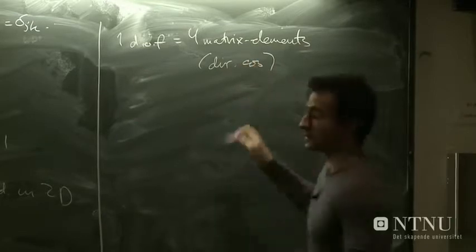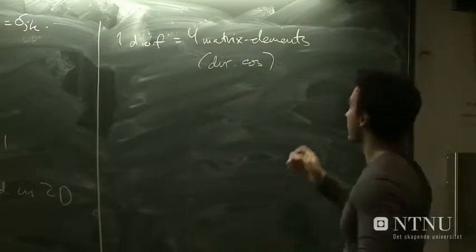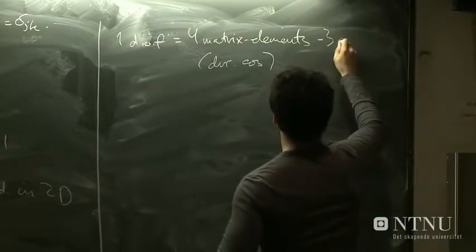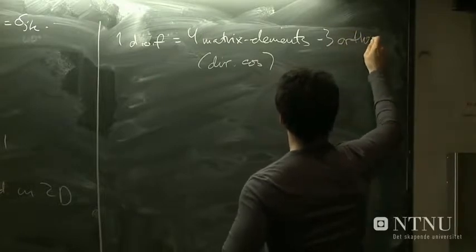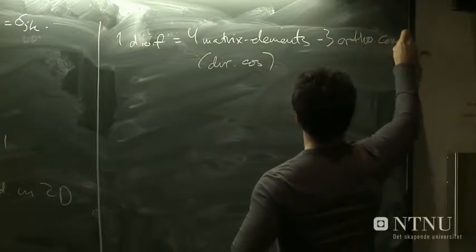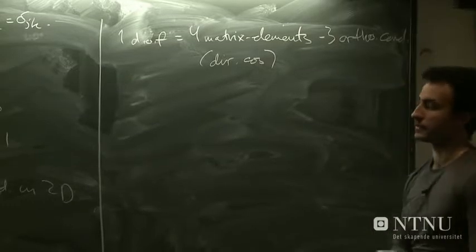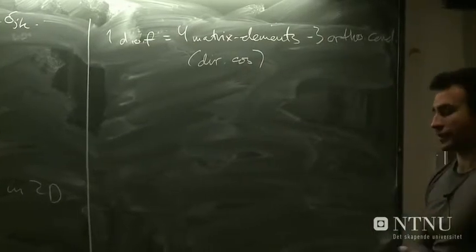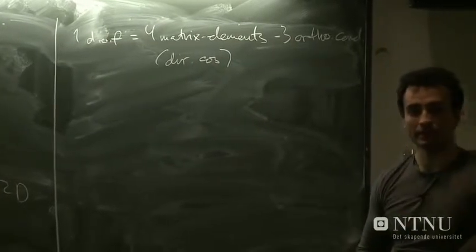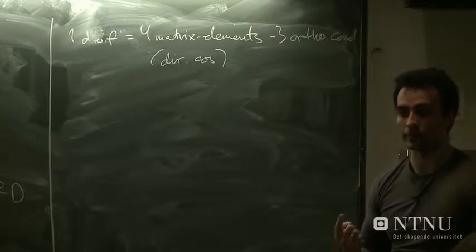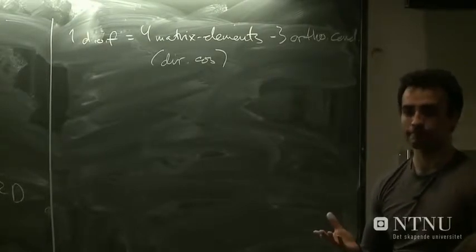So we have 4 matrix elements, or directional cosines, if you will. And we have 3 orthogonality conditions. So does this make sense? To have only 1 degree of freedom when considering 2D rotation?